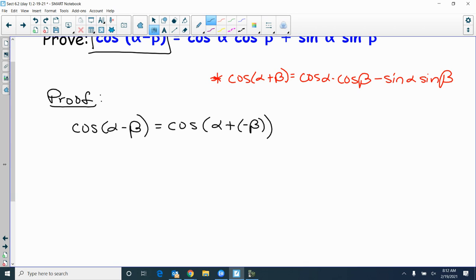So using this formula and these two angles, this now becomes cosine of alpha times cosine of negative beta, minus sine of alpha times sine of negative beta.